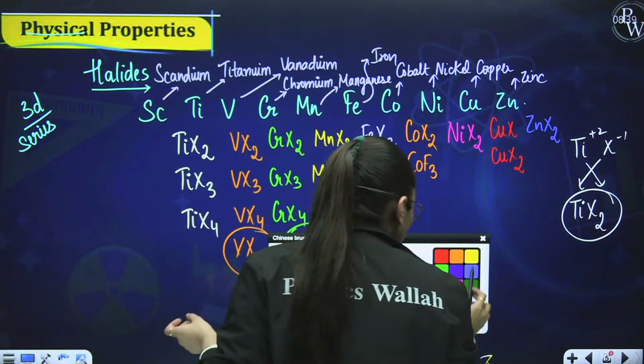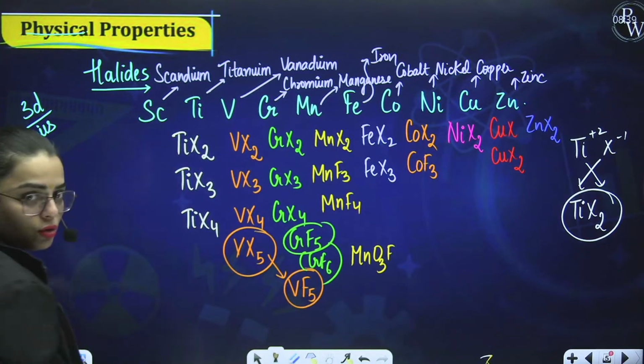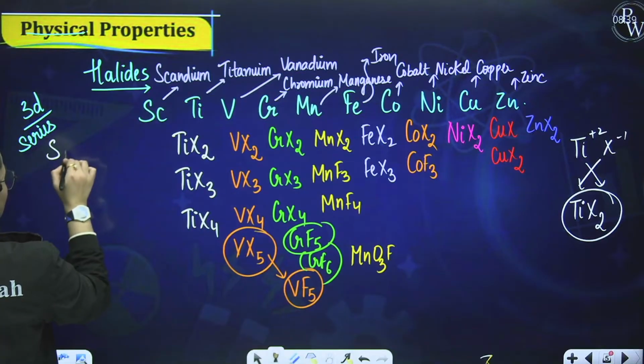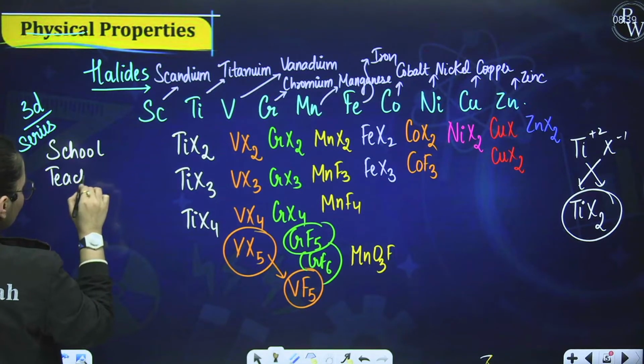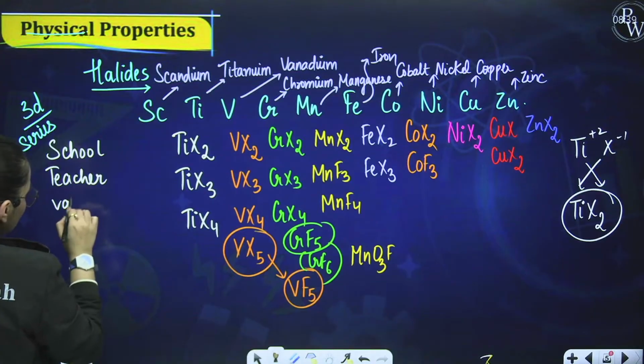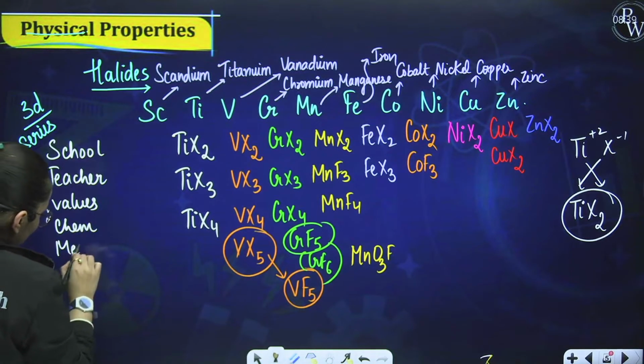And if you have not written the trick, students, here I am writing the trick. You can write it down. It is school, teacher, values, chemistry, mechanism.